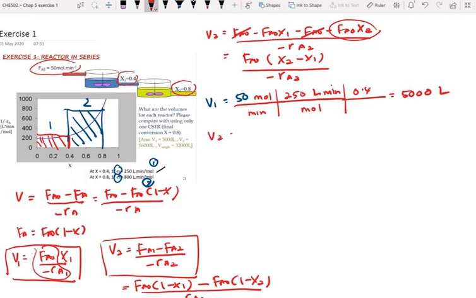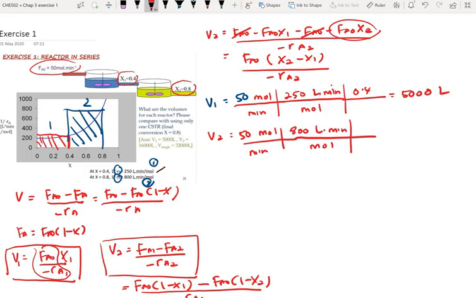And then for V2, again it is FA0, 50 mole per minute, and 1 over negative RA2 at 0.8 is 800, multiplied by x2 minus x1.